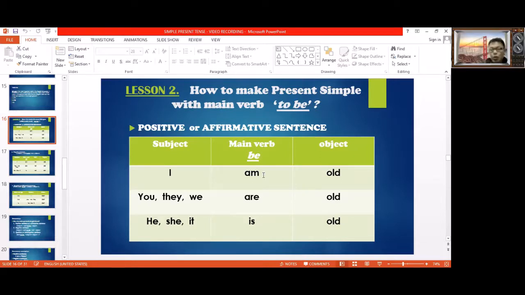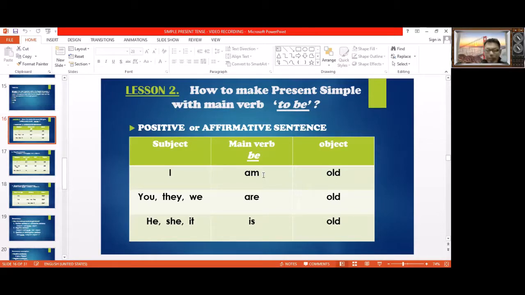You can just say, you are from the Philippines, or you are a janitor. Then we have, they are from the Philippines, or whatever nationality you are talking about. So remember, in the to be verb there are three groups. I uses am, you, they, we use are, and he, she, it uses is. So don't forget that.